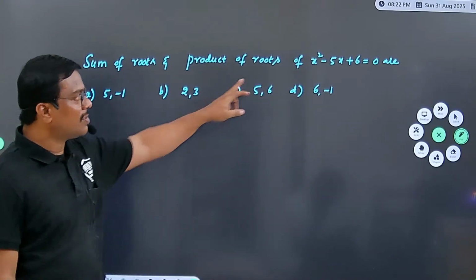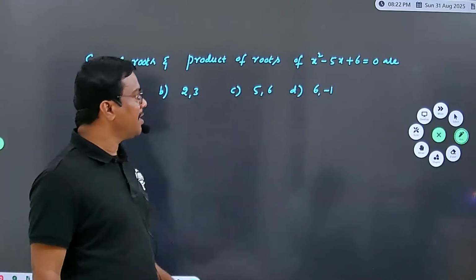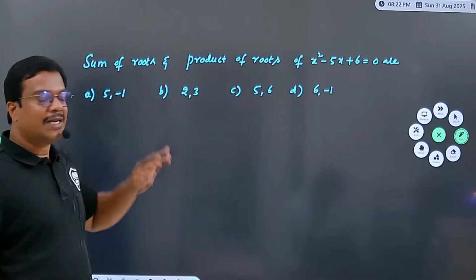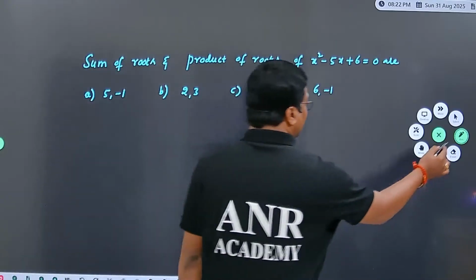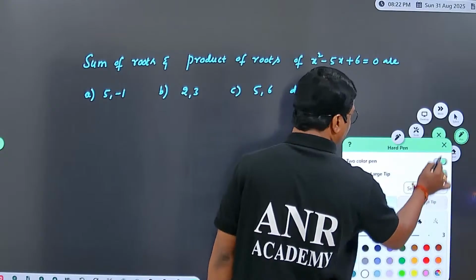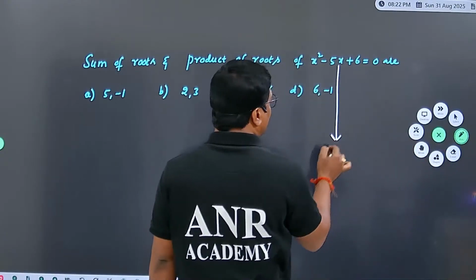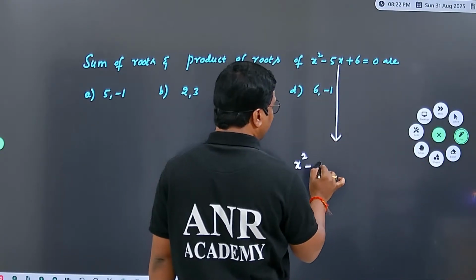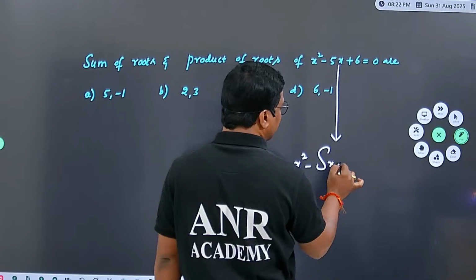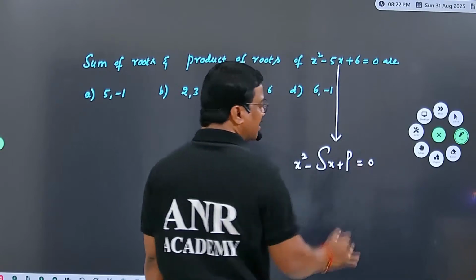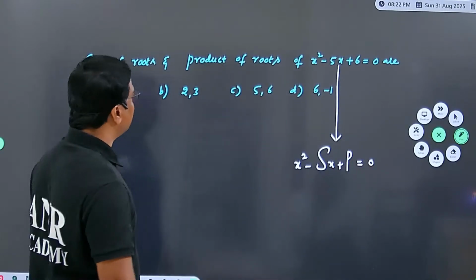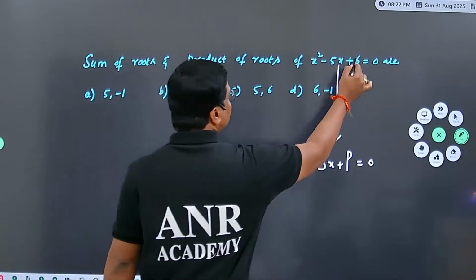Without solving the given quadratic equation, directly you can write the solution to this. We know that the second degree equation is x square minus sum of roots into x plus product of roots equal to 0. Constant is product of roots, this one is p.